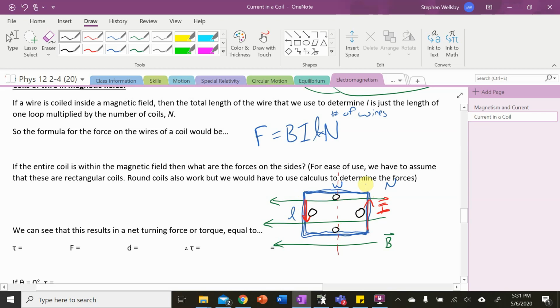Let's just look at one wire at a time. Let's look at the right-hand side, and we've got a current going in this direction upwards. We've got a magnetic field going to the left. So what direction is the force going to be on this portion of the wire here? Pause the video here, and determine what the directions of force are going to be on these four sides: top, bottom, left, and right.